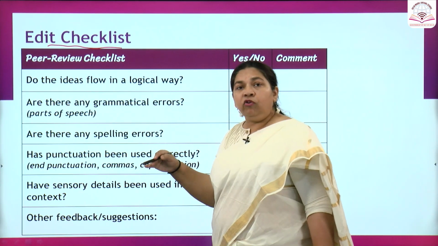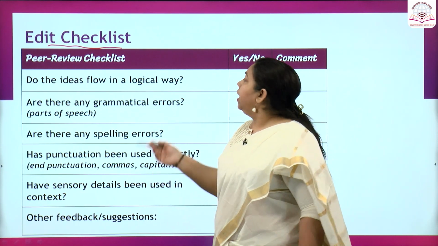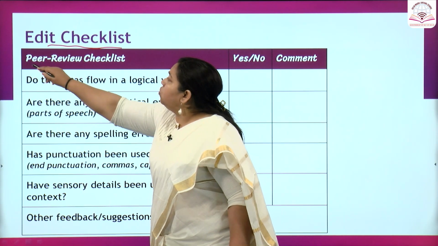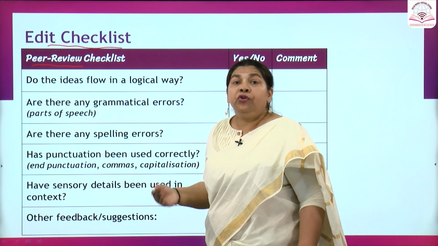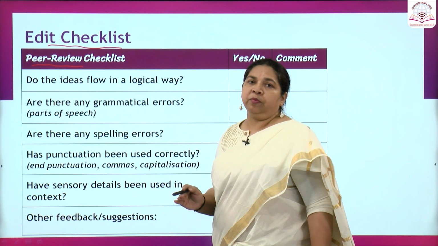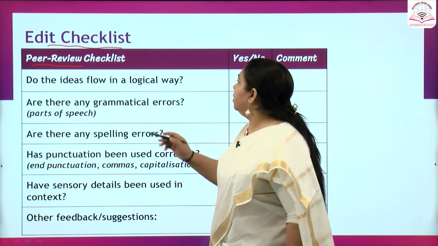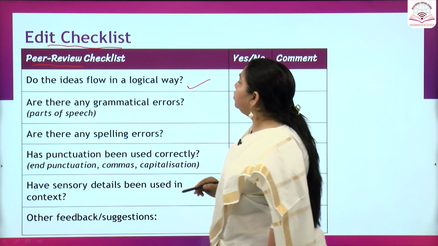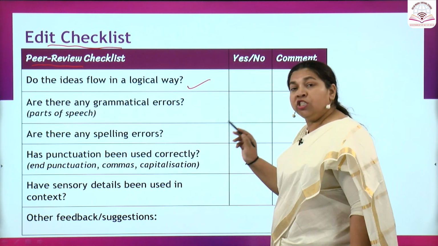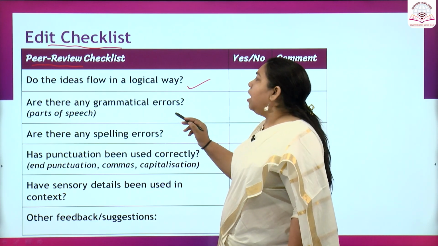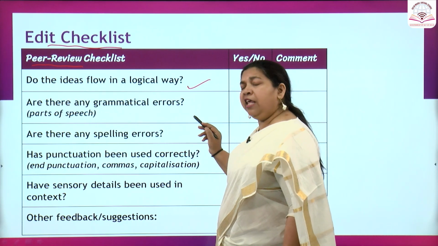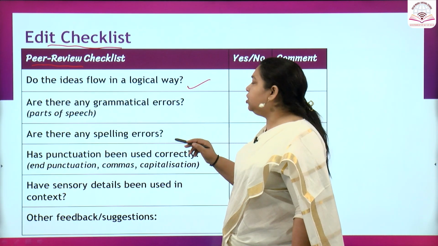The next step is the editing checklist. Now you have to edit it yourself and you can also get it reviewed by your peer group, maybe your classmates, maybe your siblings. The first question is, do the ideas flow in a logical way? And then, are there any grammatical errors like parts of speech?